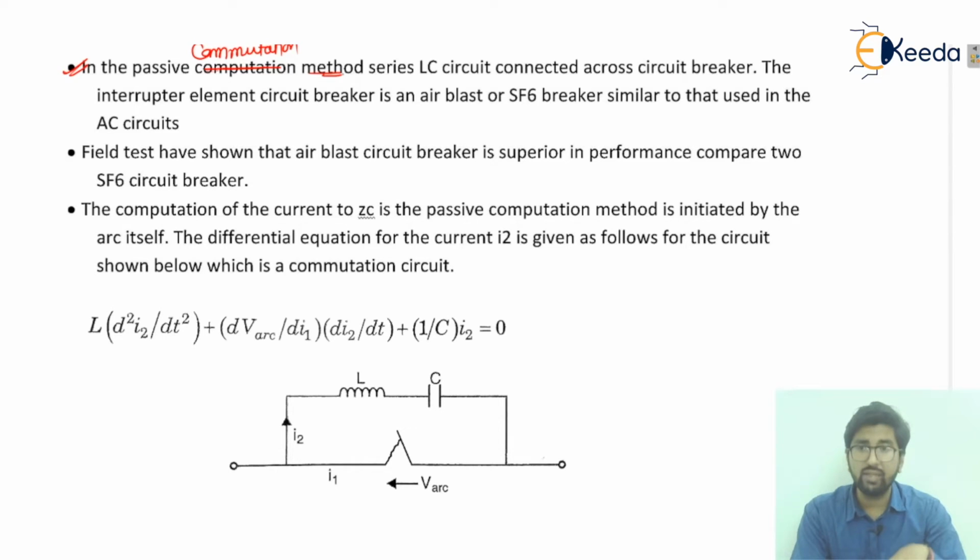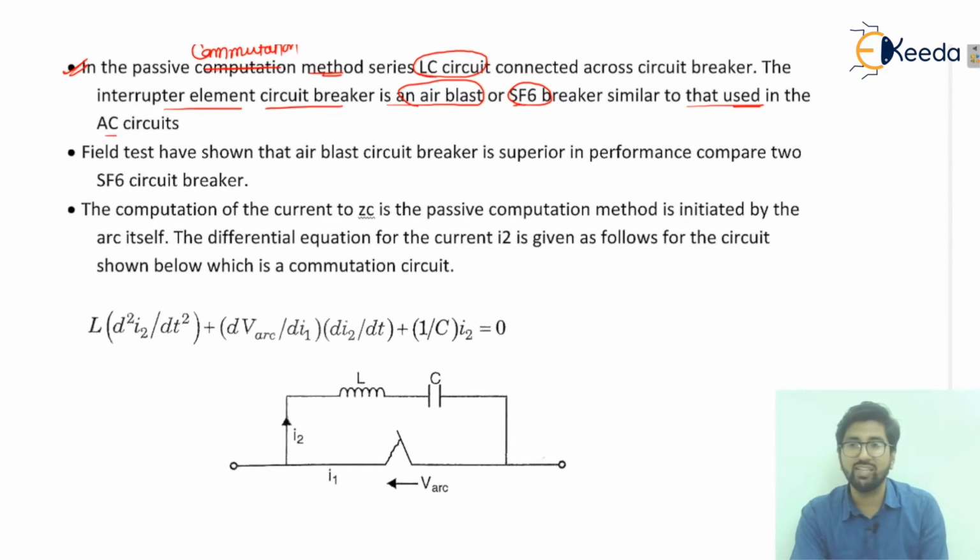We have seen this in AC power systems, if you have studied the circuit breaker in the AC power system, the thing we have already discussed is related to the LC circuit. And the interrupter element of the circuit breaker is an air blast or SF6 circuit breaker, which is similar to what we have used in the AC circuit, as I have already told you.